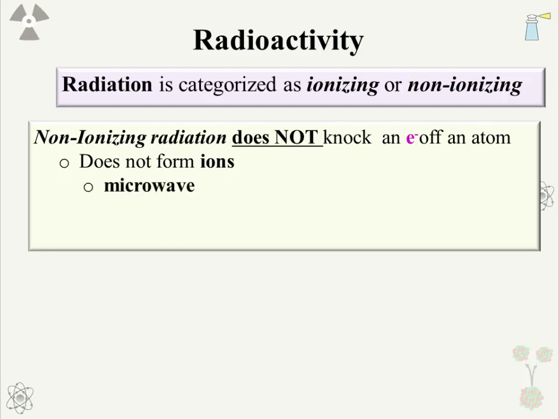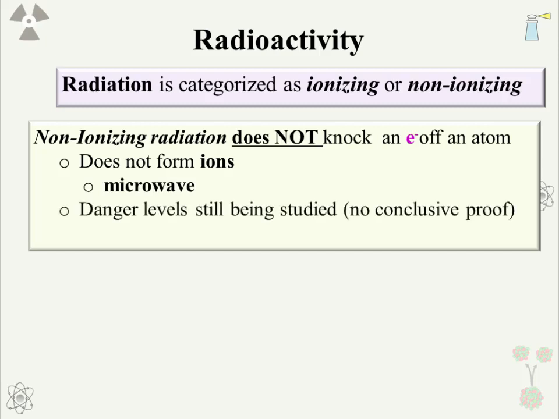An example would be microwaves. Most forms of non-ionizing radiation have been shown to not be dangerous. Some forms still require further study to set their danger level. That is, there is currently no conclusive proof that they are dangerous, but there's some circumstantial evidence that warrants further study. Cell phones fall in that category.